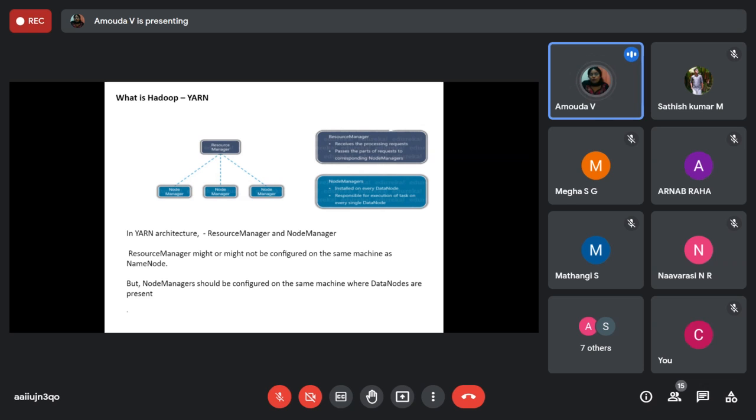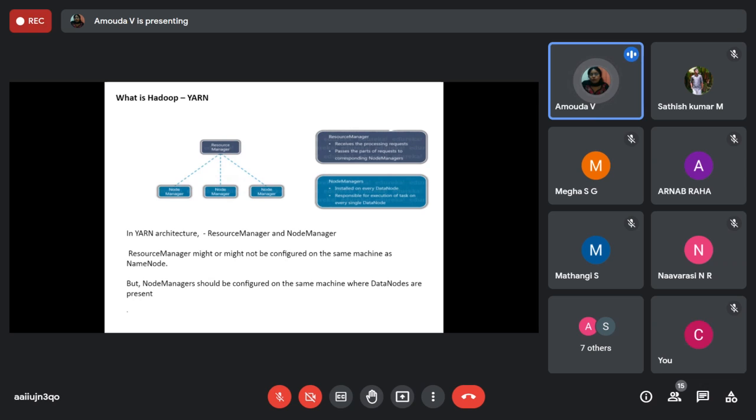Processing of data is done by yarn, whereas it has two components, that is resource manager and node manager. The resource manager gets the request and passes the request to the corresponding node manager. Like a server, I cannot say exactly server, it gets the request and passes it on to the node which does the job.